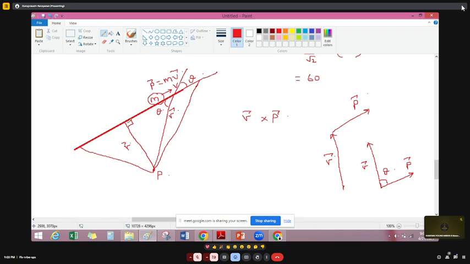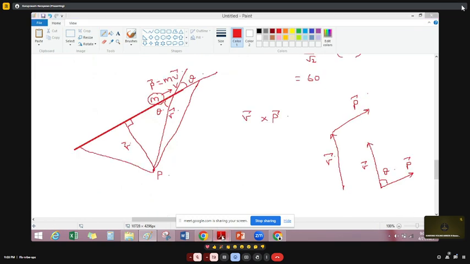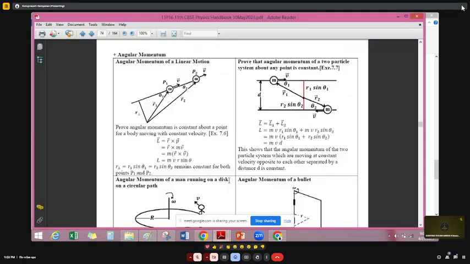Sine theta is your opposite. So that means you will always get this perpendicular distance. Are you getting the idea? Yes, sir. So in the handbook, you can go back and study this. It's the same thing I explained here.